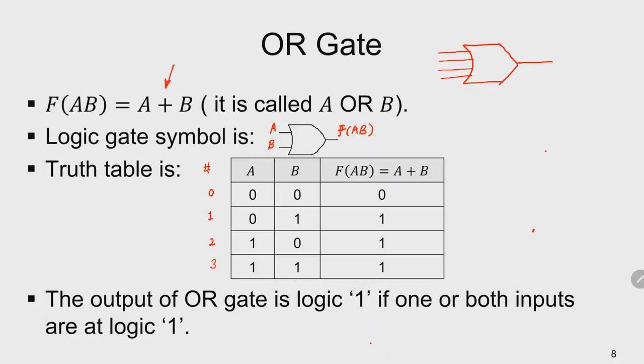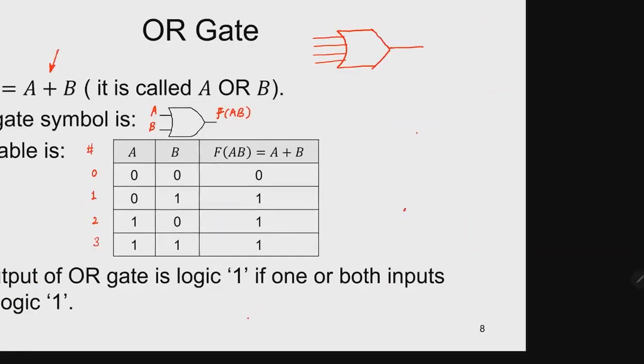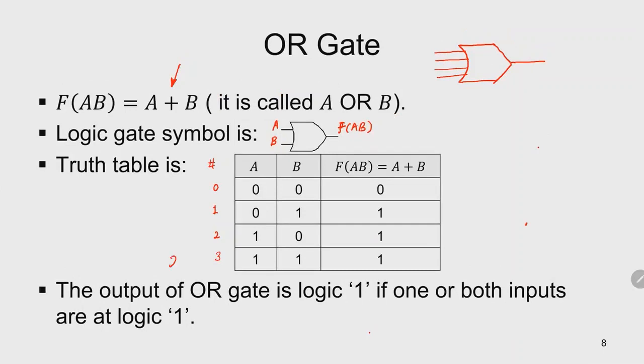Okay, so when you want to draw a truth table, you have to go through all the different combinations. The best practice is to count from 0 to the maximum number, which is 2 to the n minus 1, where n is the number of Boolean variables.